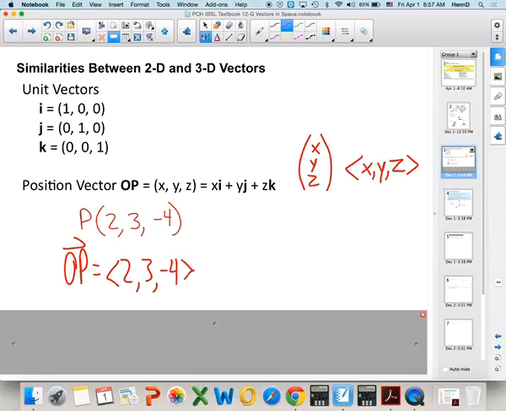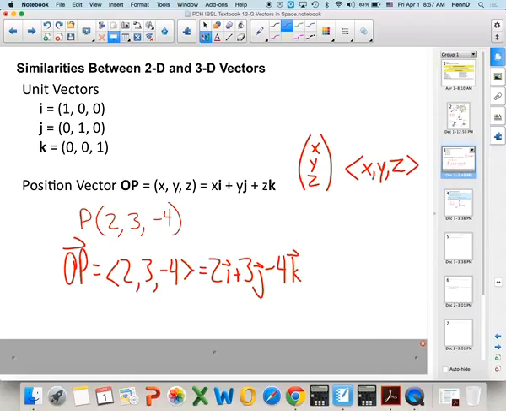Or 2i plus 3j minus 4k. So again, very similar to what we've done in 2 dimensions. We just have that third component now.